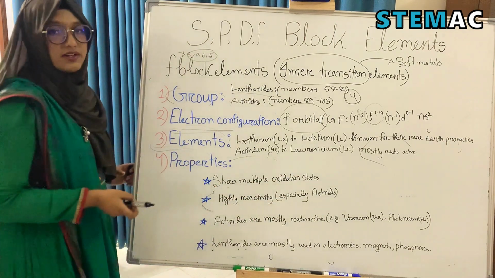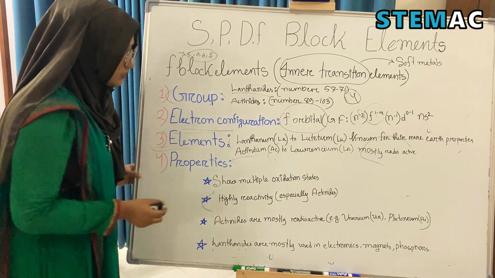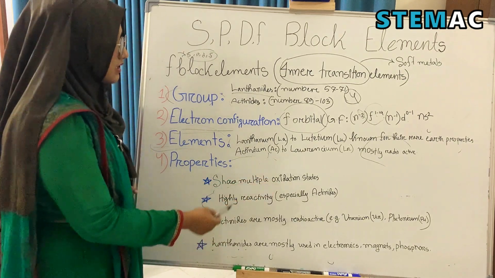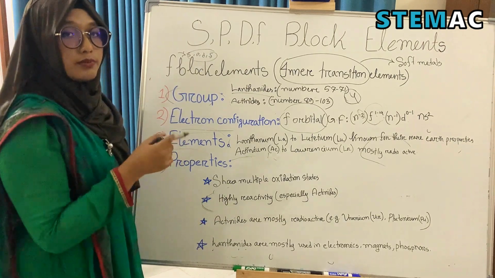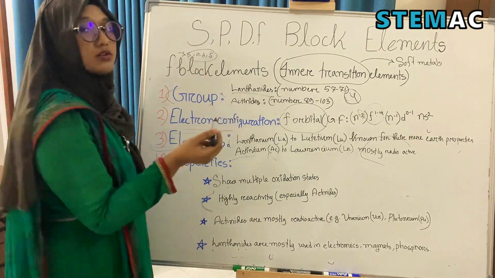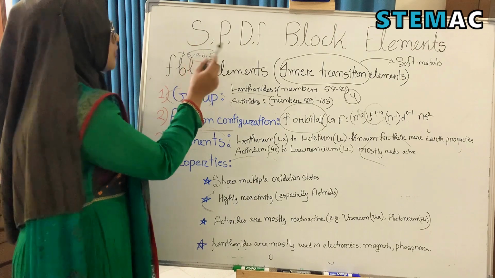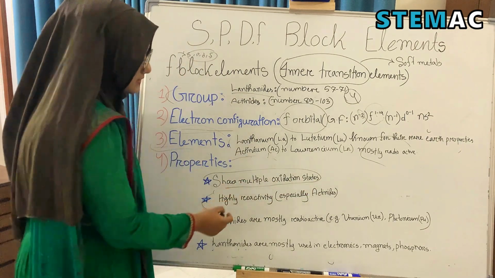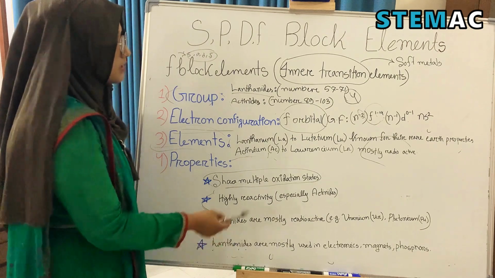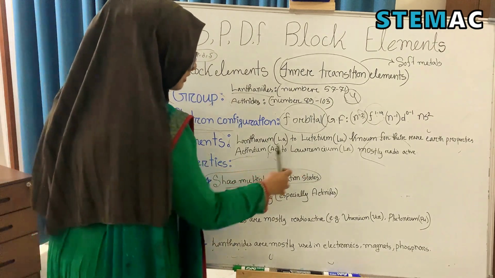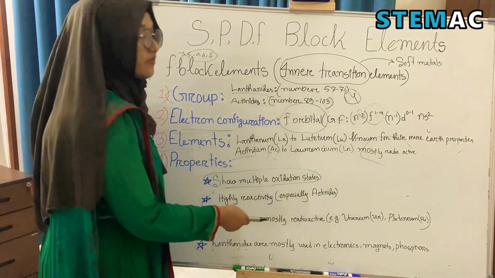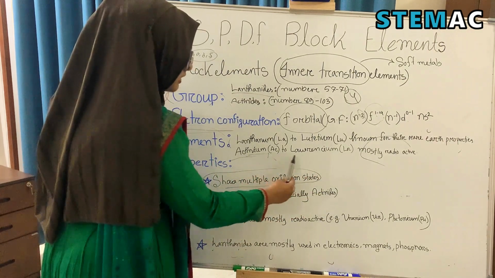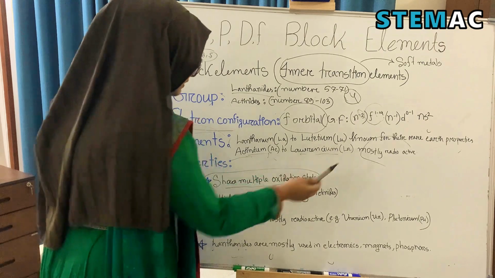And for the properties, they show multiple oxidation states, which is also present in other d block elements. They are highly reactive, as we see in the actinide series, from actinium to lawrencium.